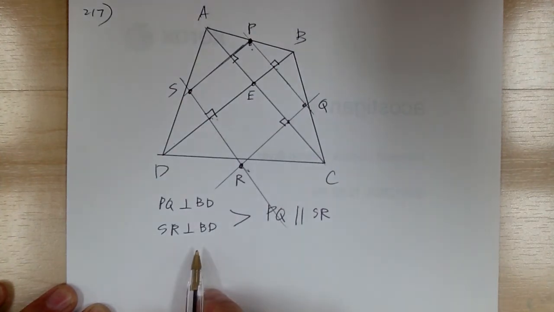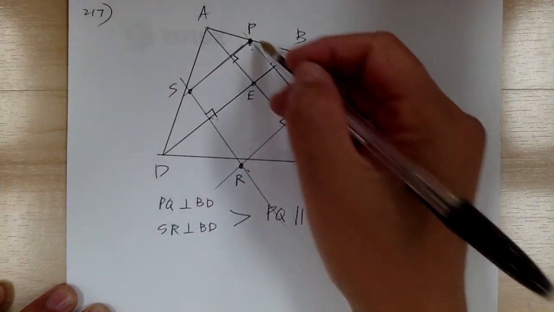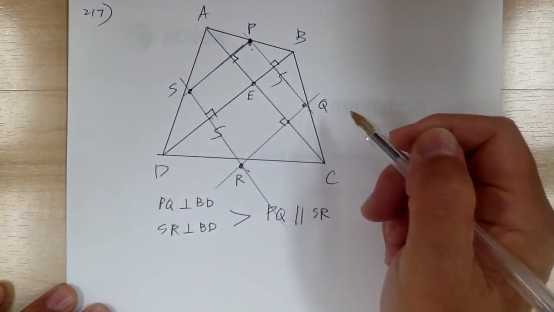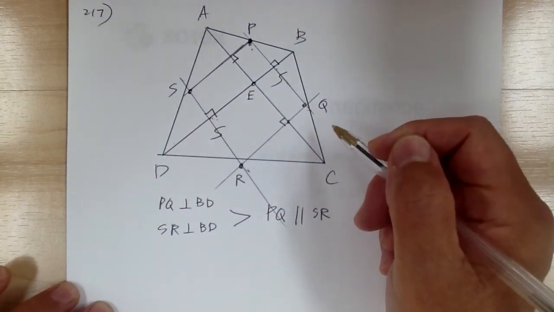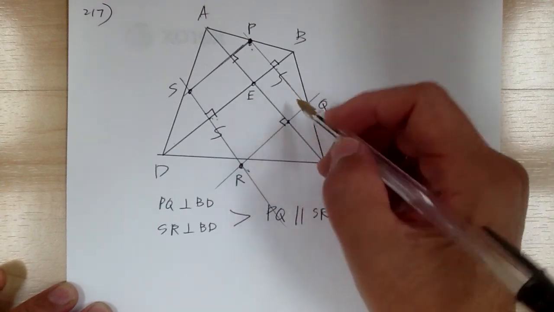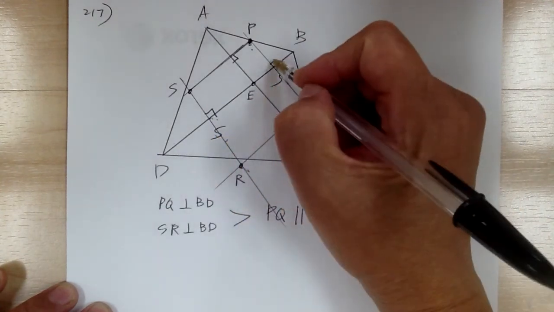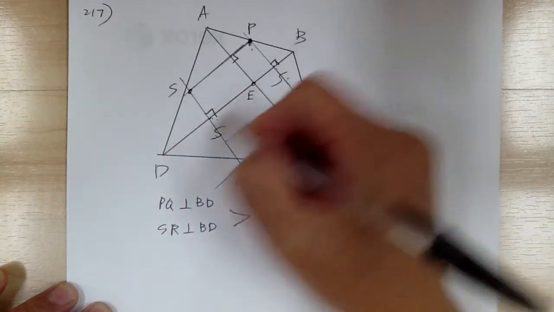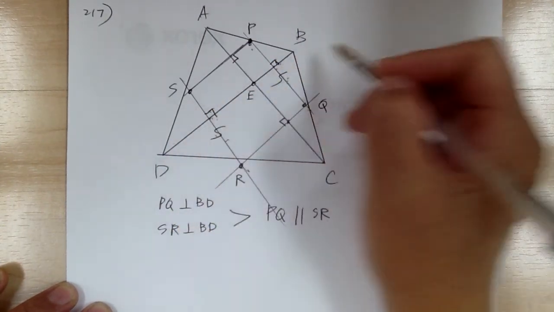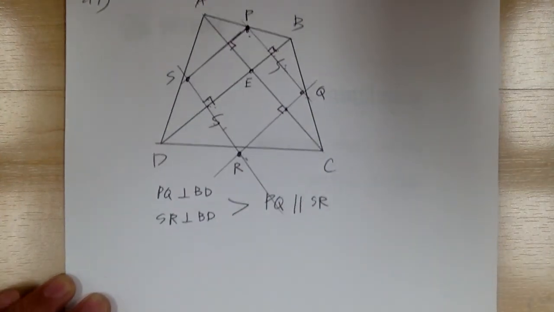So PQ is parallel to SR, and the reason is that both of these are perpendicular to DB. So if this is perpendicular to that, and this is perpendicular to that, they have to be parallel. And you do the same thing.